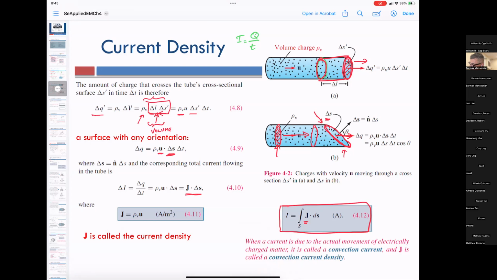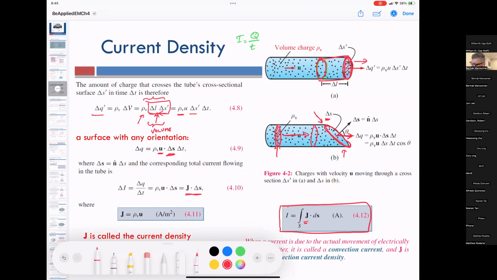Okay, so current density, the reason it's useful is because I use it all the time, because in a lot of calculations what you're trying to do is make your calculation or your integral not be a function of the area over which you're integrating.